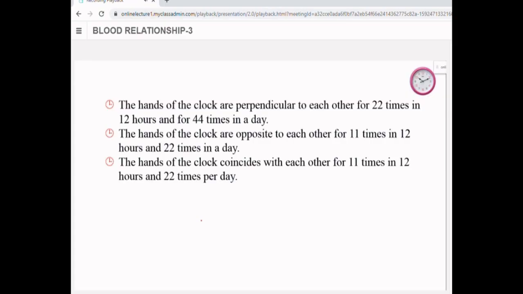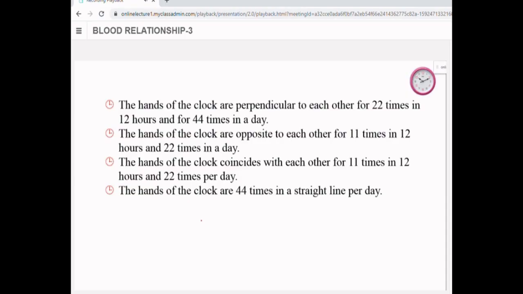And for 24 hours it will be 22. 90 degrees: 22 in 12 hours and 44 in 24 hours. 180 degrees: 11 times in 12 hours and 22 times in a day. And coincide means 0 degrees, one above the other, is 11 times in 12 hours and 22 times per day.